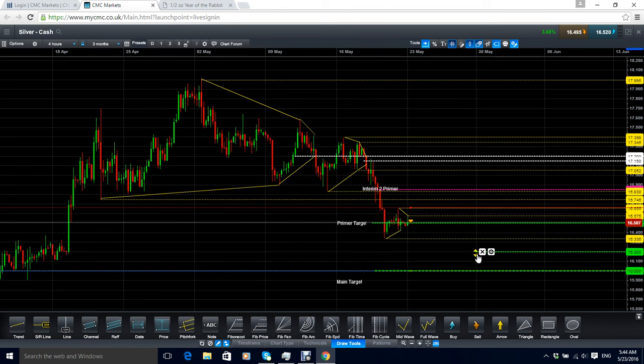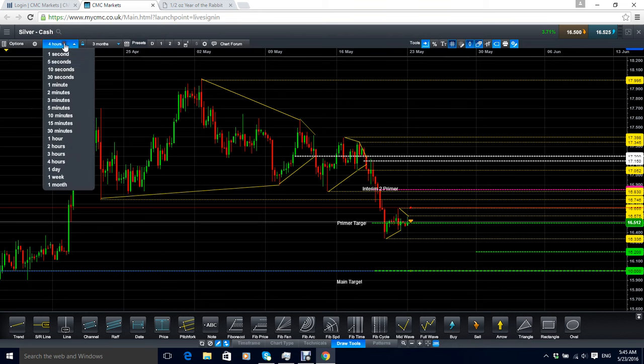So this interim primer gave me a target of 16.5. It also gave me an interim of 16.85, and now this funnel's giving me an interim target of 16.2, so that this will probably fall again until it reaches 16, I think.